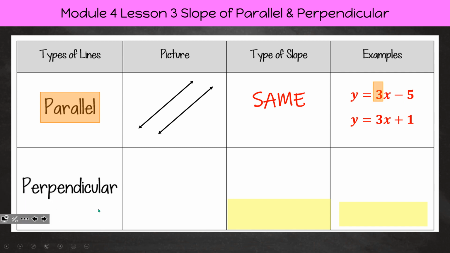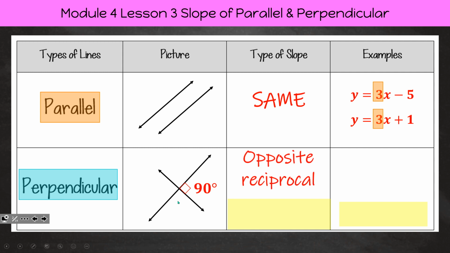Then we have perpendicular lines. Perpendicular lines are lines that intersect and make a 90-degree angle. It must be a 90-degree angle. If it is not 90 degrees, then you do not have perpendicular lines. And perpendicular lines have opposite reciprocals for slope.